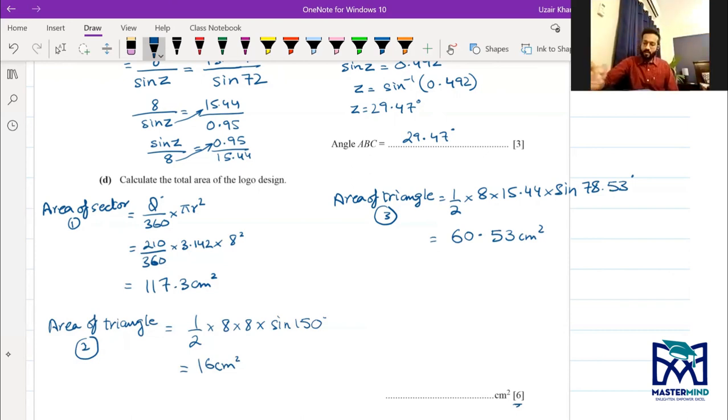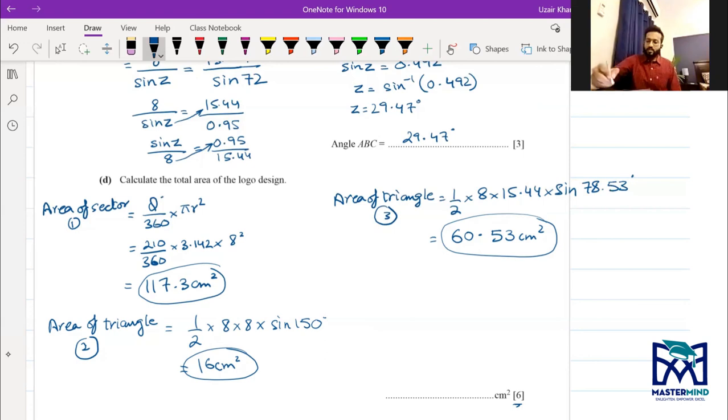Okay. So now we have the areas of the 3 shapes that make the whole design, the diagram that we just saw, the design of the logo. So in order to find the total area of the logo design, we will simply add these 3 values.